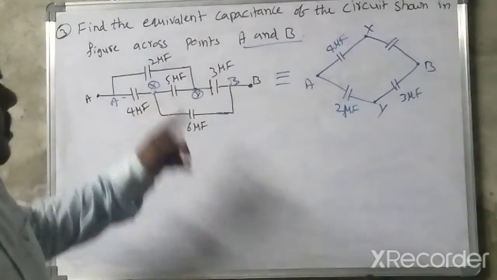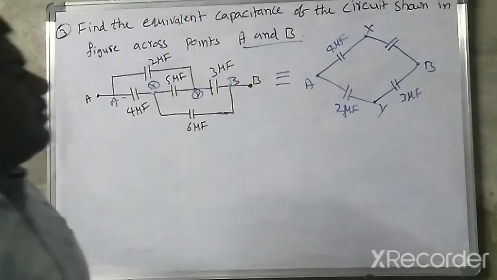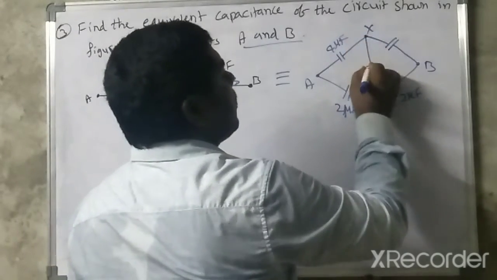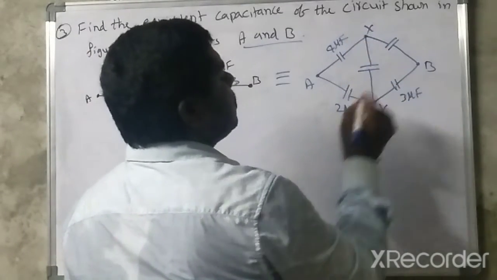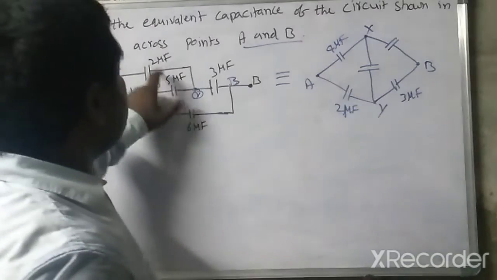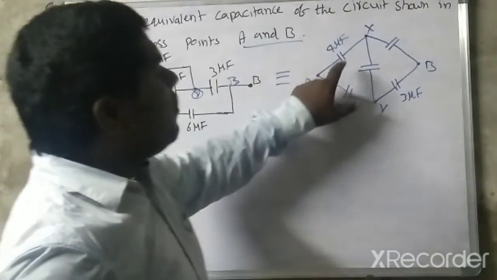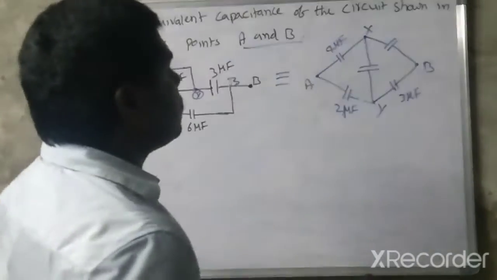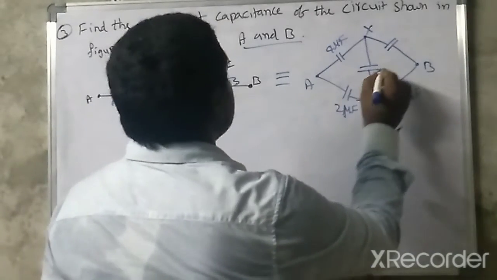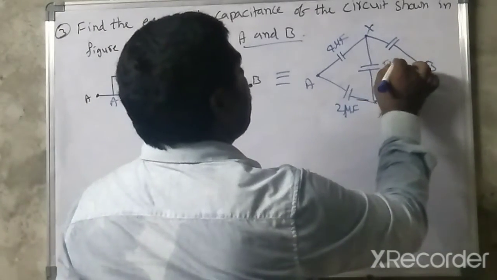And one more capacitor is also there in between X and Y. This is one more capacitor, the 5 microfarad. See here 1, 2, 3, 4, 5. Here also 1, 2, 3, 4, 5 capacitors, so the capacitors are the same.